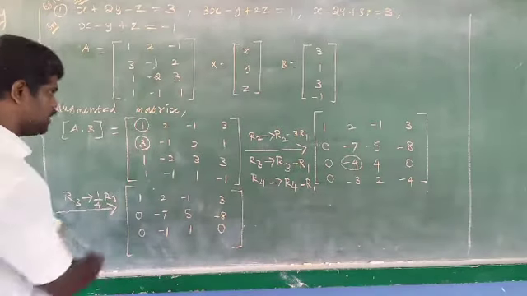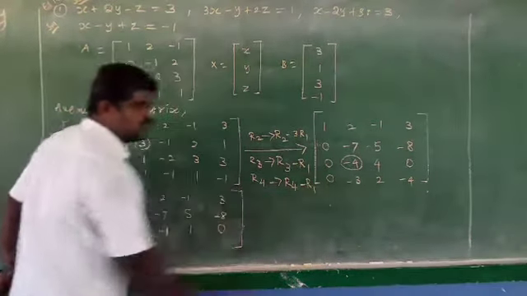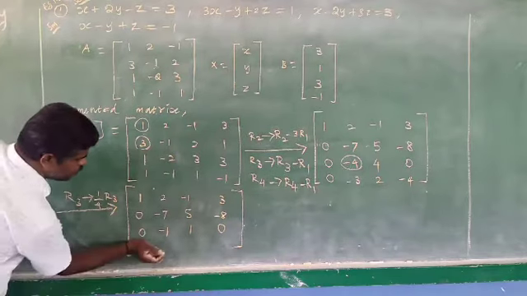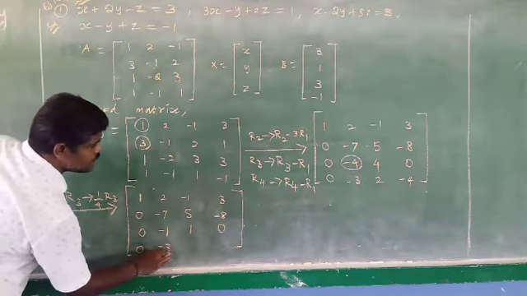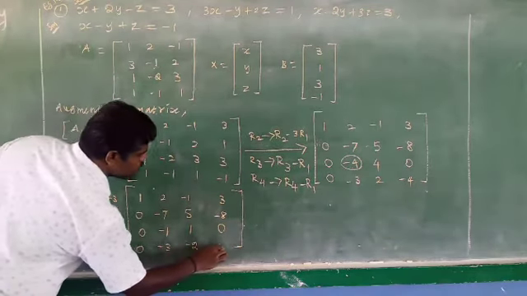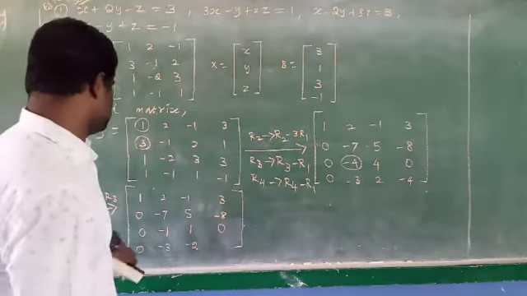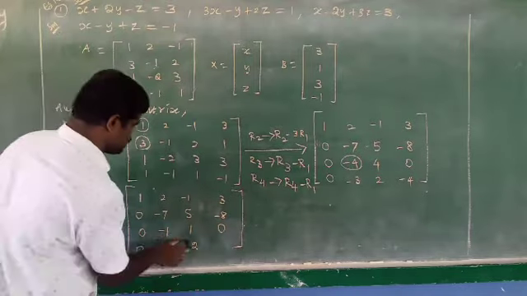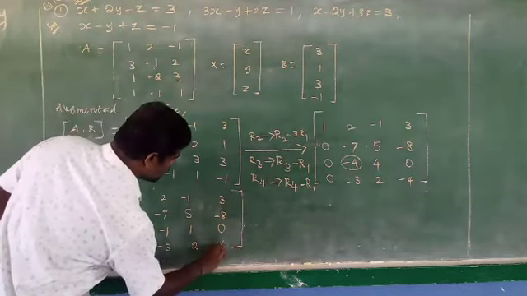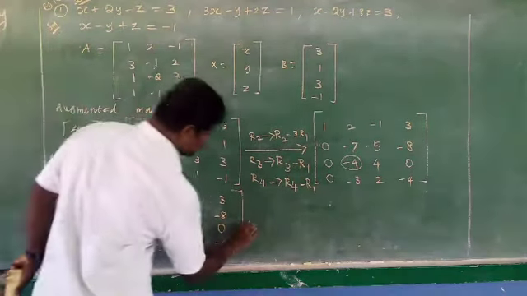Okay. Directly we can write the fourth row. 0, minus 3, plus 2, minus 4. Okay, right.